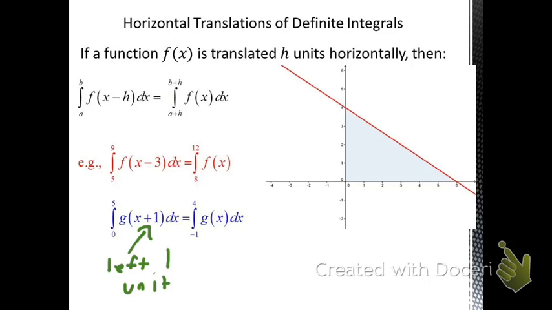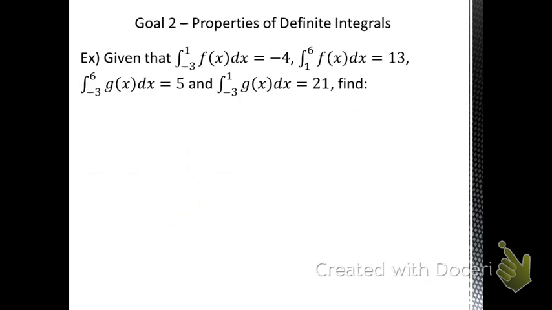Alright, let me show you that in an example, how you would use it. And I'm going to go back to the same values that we had for parts A, B, C, D a moment ago, and I'm going to add a part E and F to it. Okay? So we're going to try to find the integral from 0 to 4 of f of x plus 3 with respect to x. Alright, well here's how that's going to work.